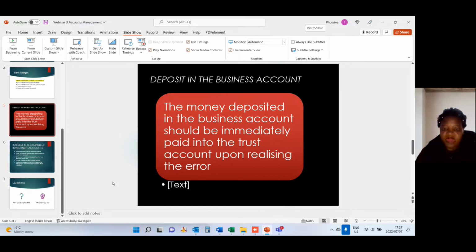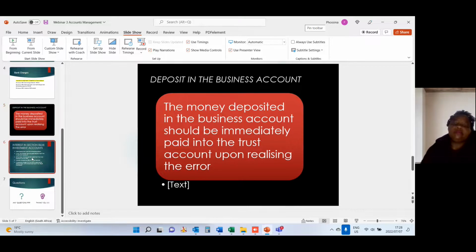No, it shouldn't be part of income of the business because it is not part of the income. We have not raised an invoice for the money. It is for a transfer of a property on behalf of a client. So anything that is on behalf of a client, we pay it over to the fund.